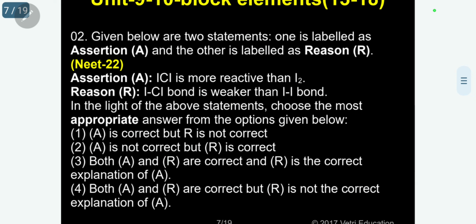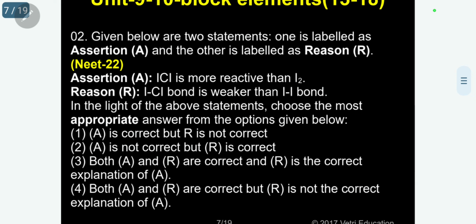If you go carefully, kindly follow: iodine is an element, sorry, I2 is an element, whereas ICl is a compound. I2 is covalent, whereas ICl is a polar compound. So automatically it will be more reactive than iodine. So A is correct.